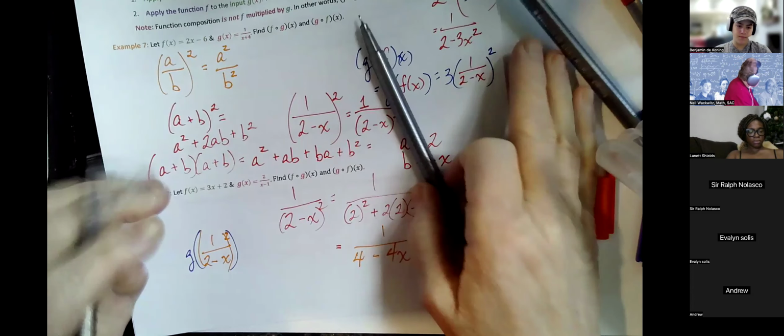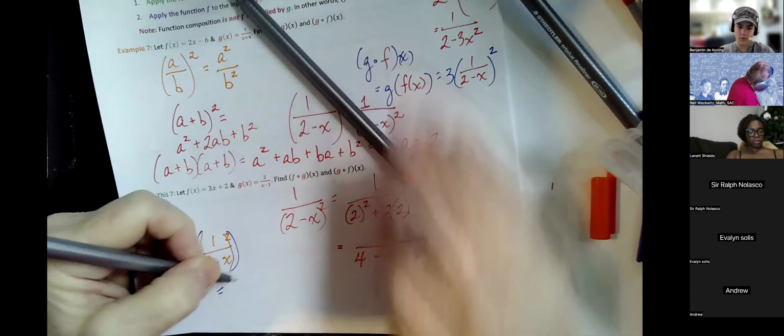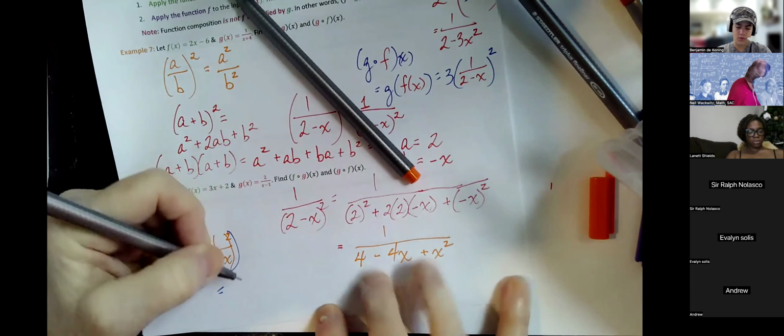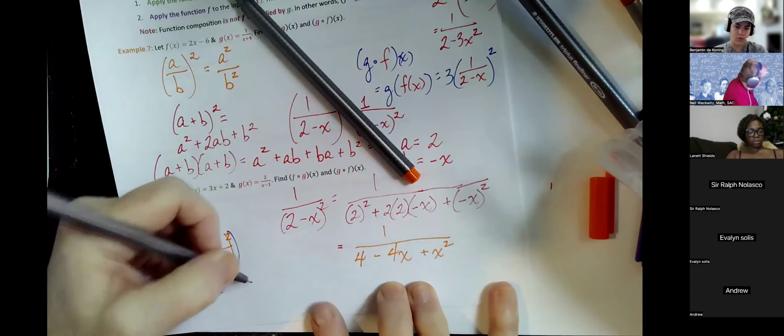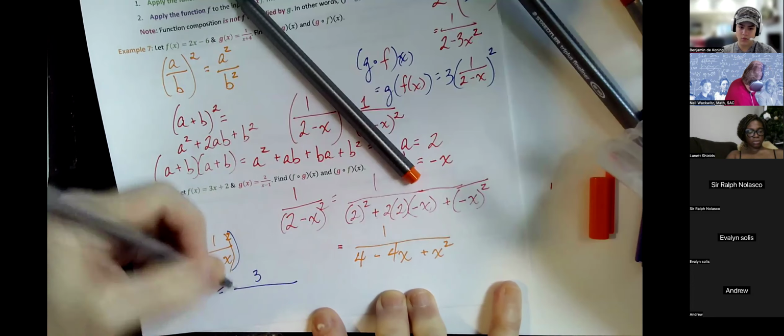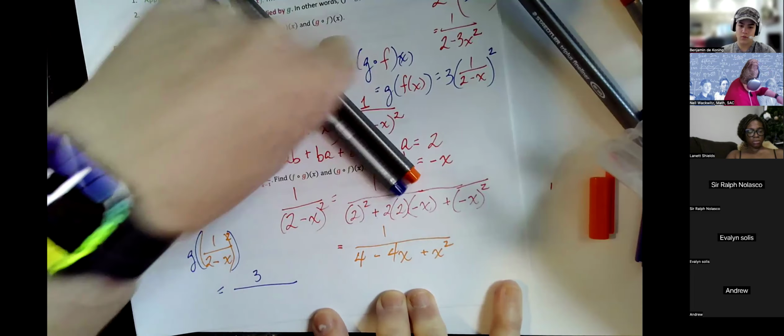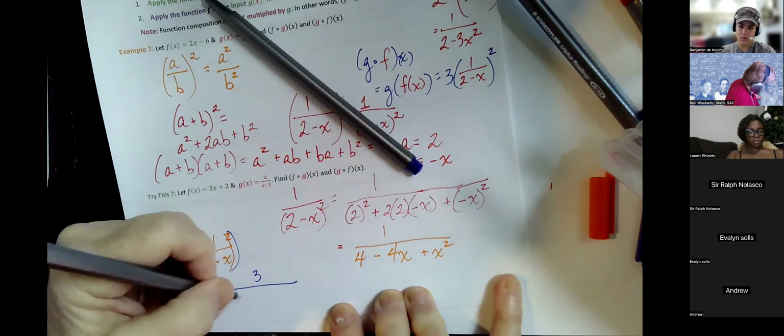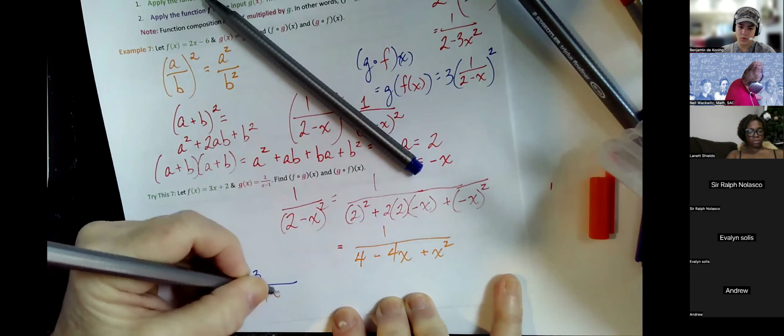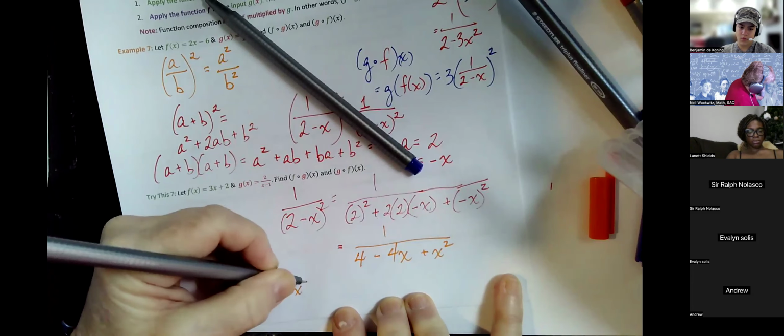Okay, but that's okay. And so we've got 3 times this fraction. So 3 will go in the numerator, and then we've got 4 minus 4x plus x squared.